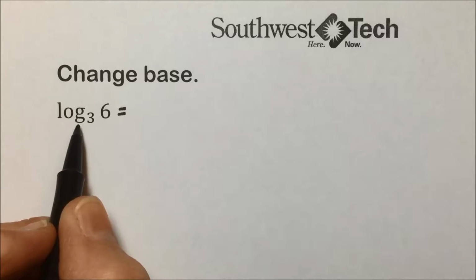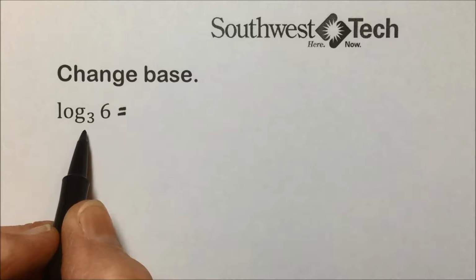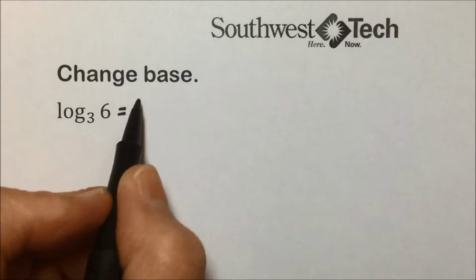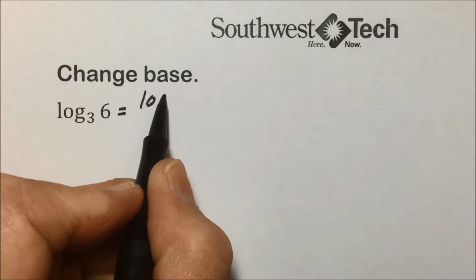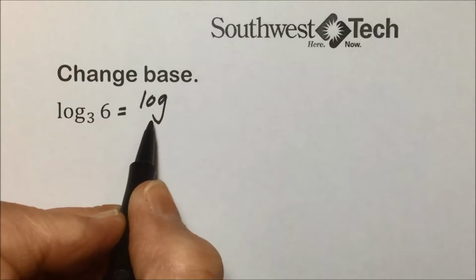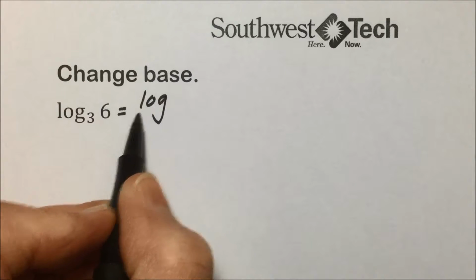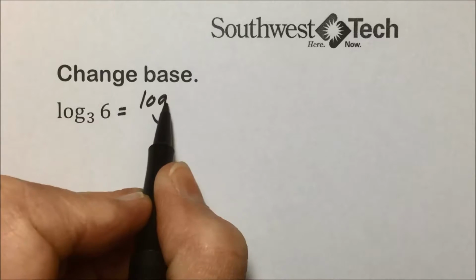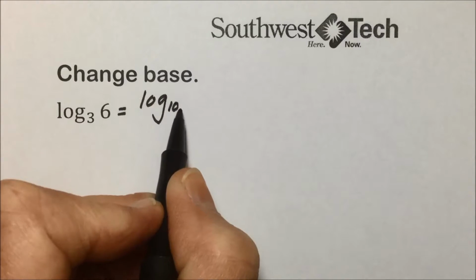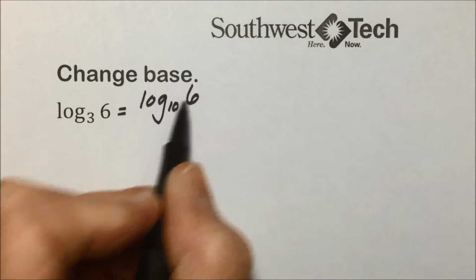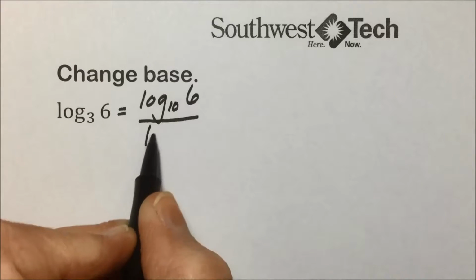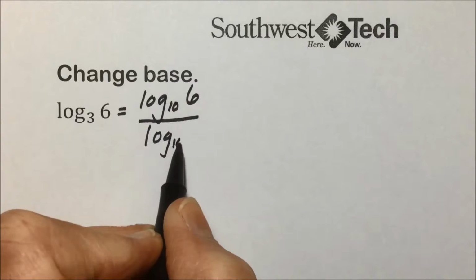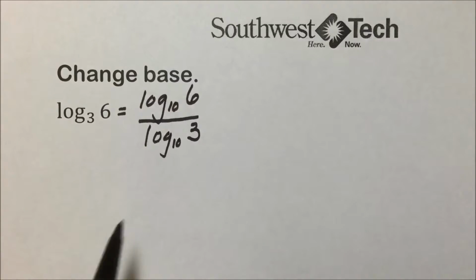I'm going to change this to a common logarithm, which would be a base 10. So using that formula, log base 3 of 6 is equal to log base 10 of 6, over log base 10 of 3.